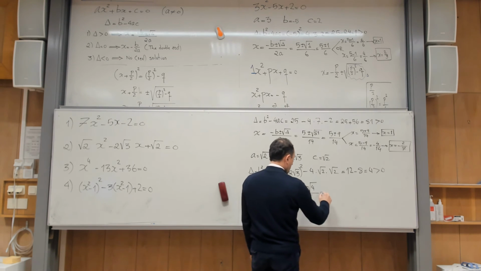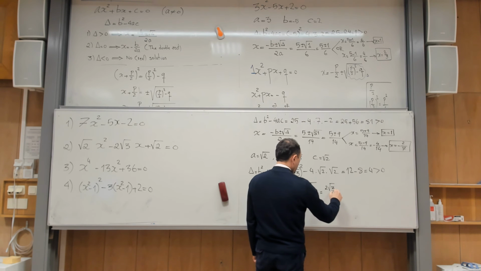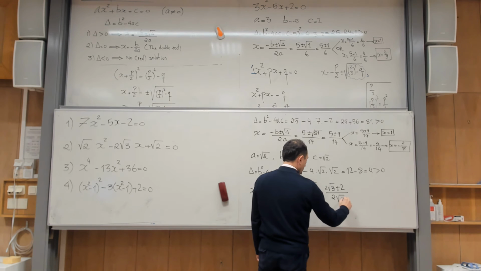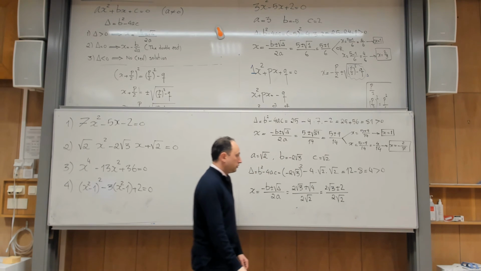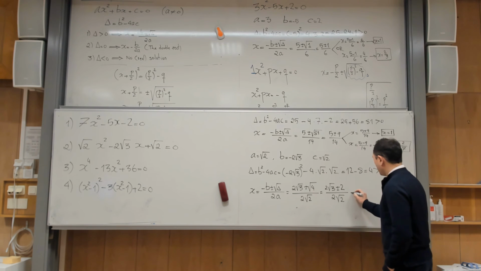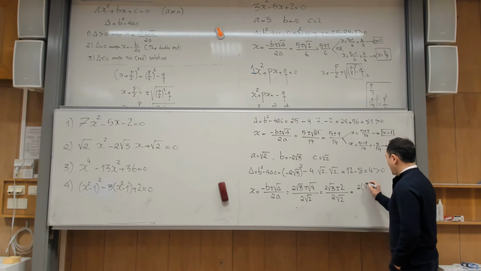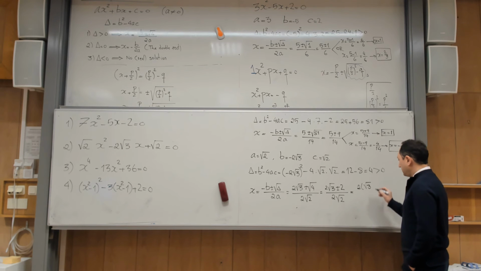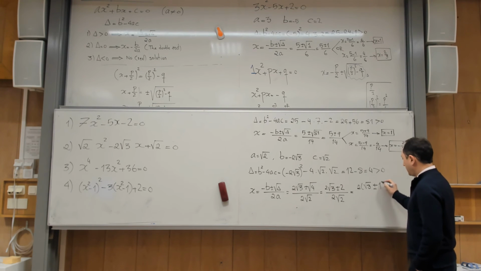So the answer becomes 2 square root of 3 plus or minus 2 divided by 2 square root of 2. Of course, you can stop here, but I prefer to factor a 2 out. It becomes square root of 3 plus or minus 1 divided by 2 square root of 2.